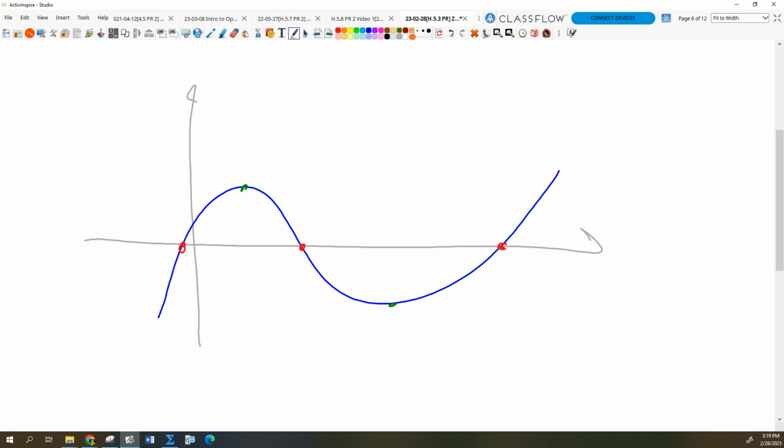But let me say it this way: if the graph is not tricking us, if it's showing us all possible x-intercepts, so there are no imaginary zeros or hidden values, then turning points could only occur between x-intercepts. Does that make sense? So if turning points can only occur between the x-intercepts, doesn't that mean you're going to have one extra x-intercept than you have turning points? Kind of just think of it in terms of the picture. That helps a little bit.